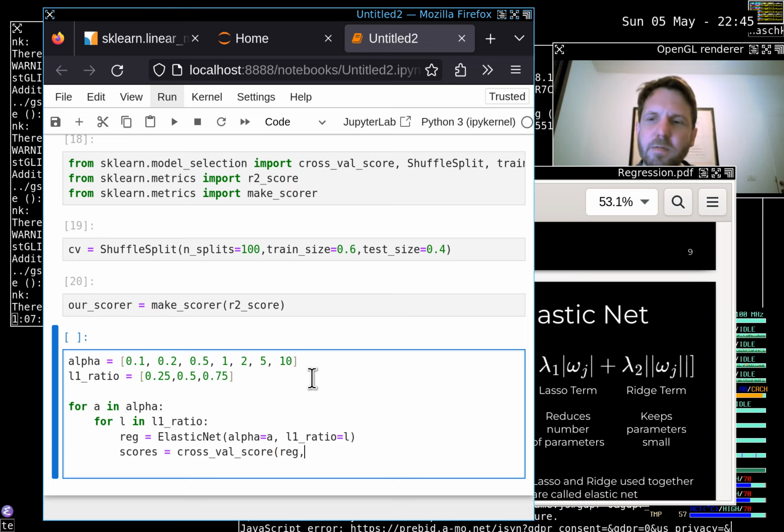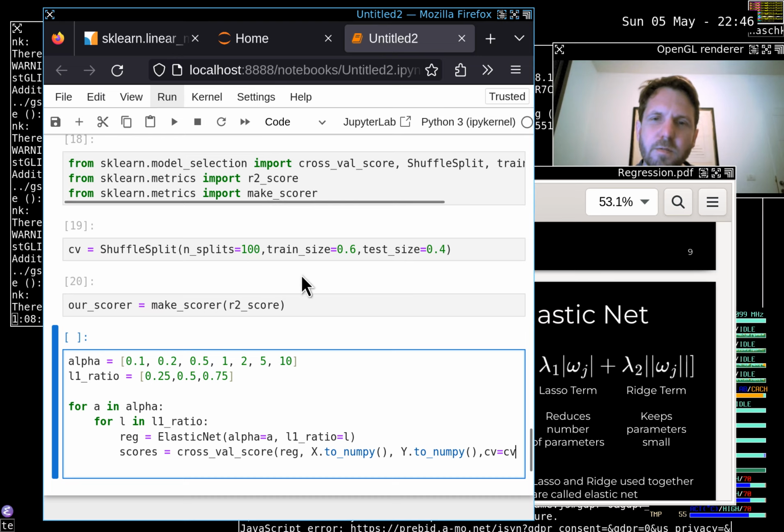So we have the regressor, and we have here x to numpy and y to numpy in order to avoid any issues if this might be in the wrong shape. We do the cross-validation equals the cross-validation that we have created here. So here we do a lot of splits in order to get very nice statistics out. 100 times we select 40 percent as a test set.